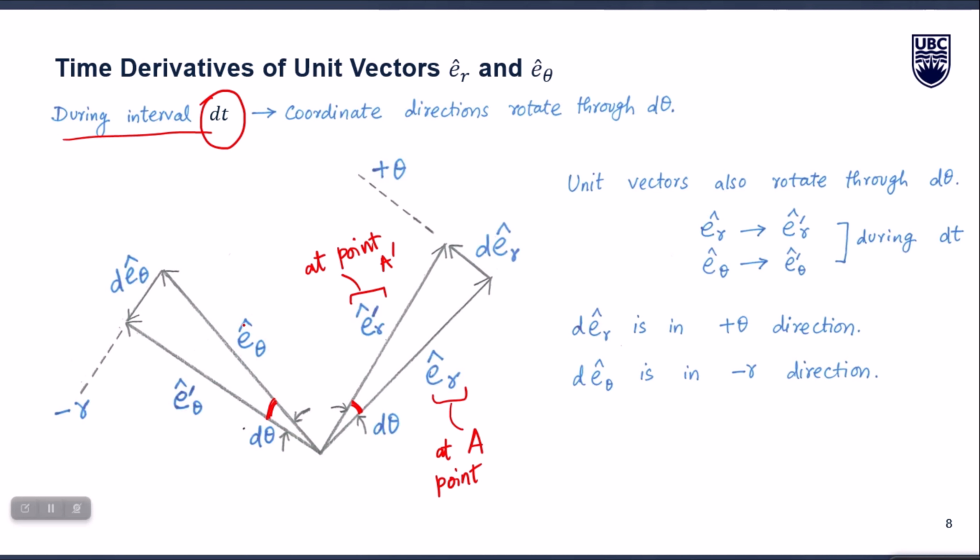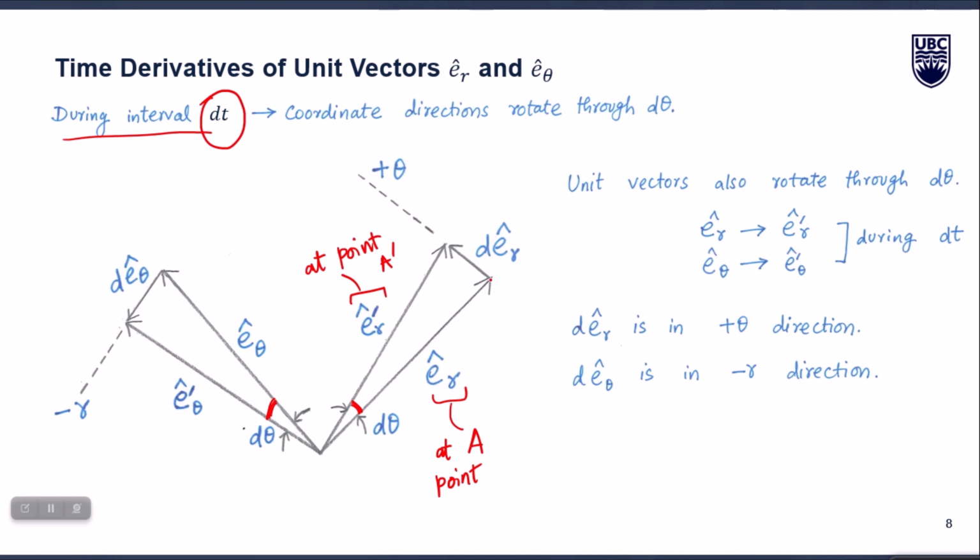So E sub theta is perpendicular to E sub r, the theta axis direction when the particle was at point A, and E prime sub theta is the theta axis direction when the particle moved to point A prime. If the angle between E sub r and E sub r prime is d theta, then the angle between the corresponding theta axes will also be d theta.